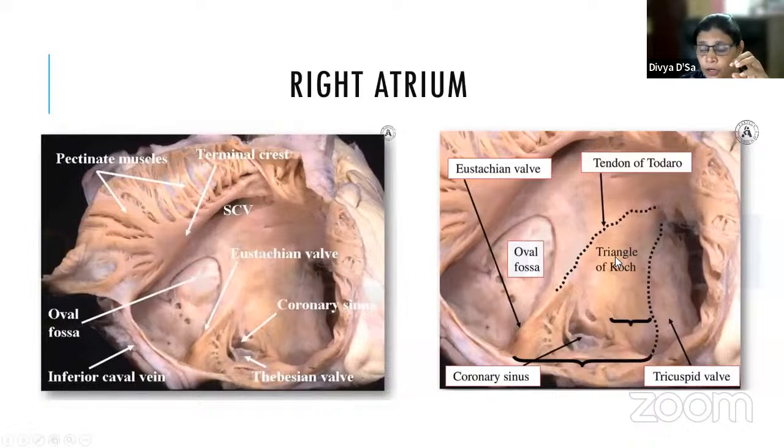It is important because the AV node is situated there. Just above the triangle of Koch, there is a bulging produced by the non-coronary aortic sinus, known as the torus aorticus. So these are the features we see in the interatrial septum.